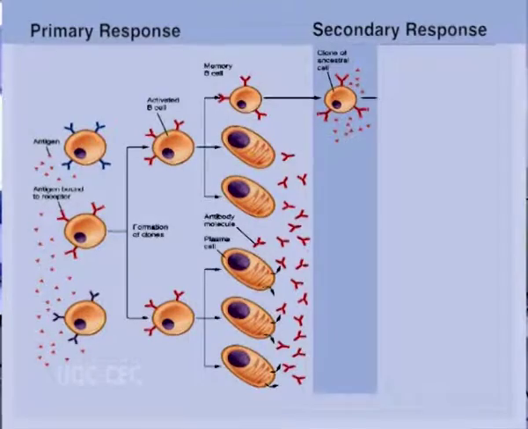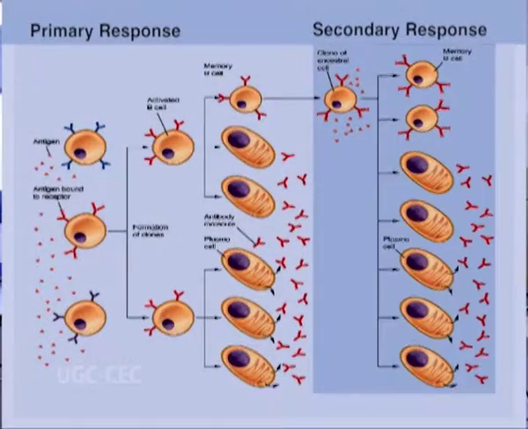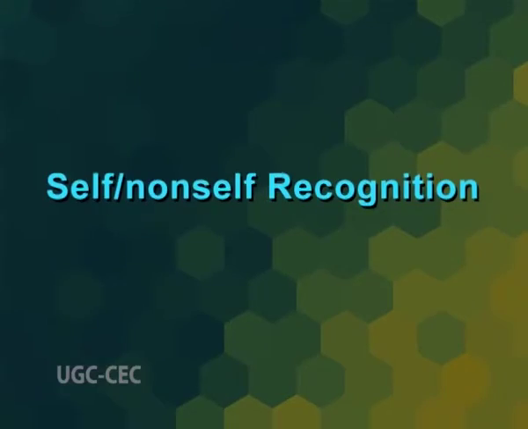If this substance enters the body again, the response against it is faster than the earlier one. Both AMI and CMI store some cells as memory cells.